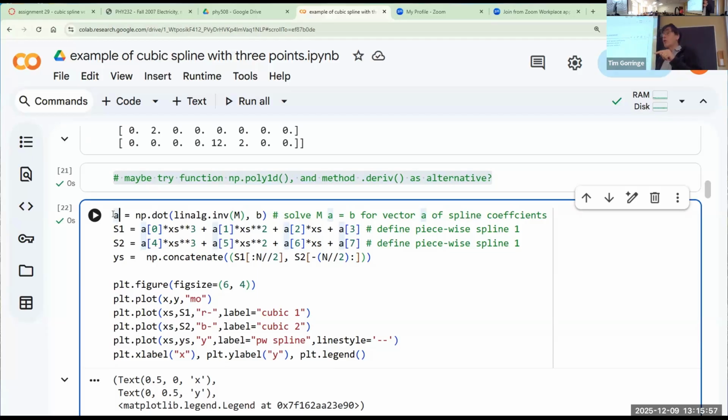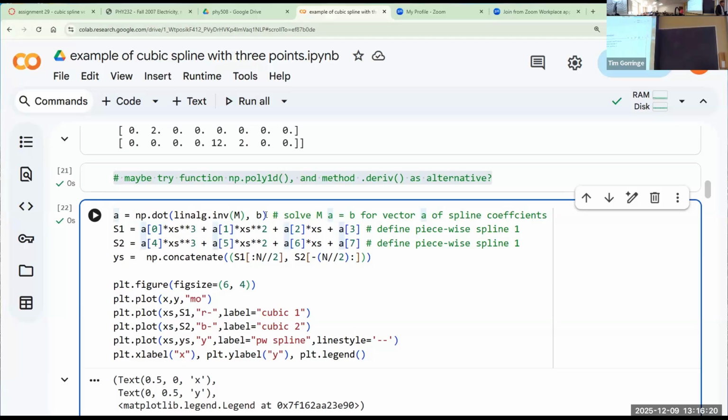So the first 4 coefficients in A are the 4 coefficients of the left-hand cubic, spline 1, and the second 4 coefficients in the vector A are the 4 coefficients of the right-hand spline, spline 2.